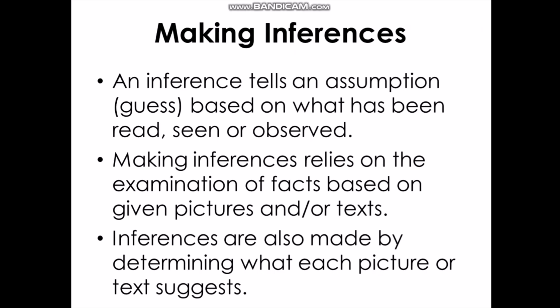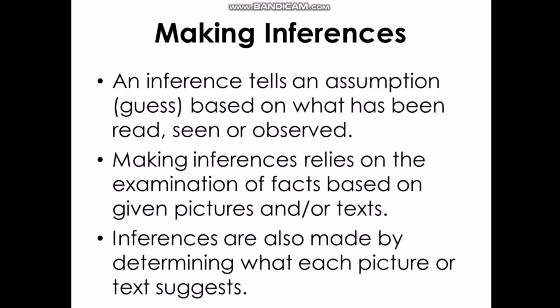So now, making inferences. An inference tells an assumption or guess based on what has been read, seen, or observed. Making inferences relies on the examination of facts based on given pictures and or text. Inferences are also made by determining what each picture or text suggests.